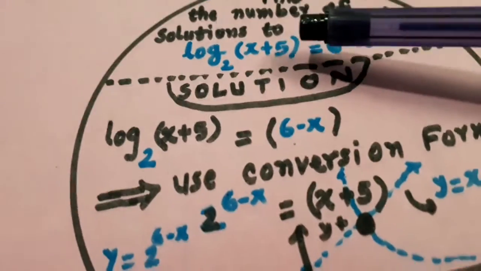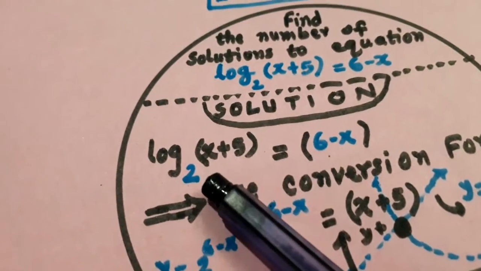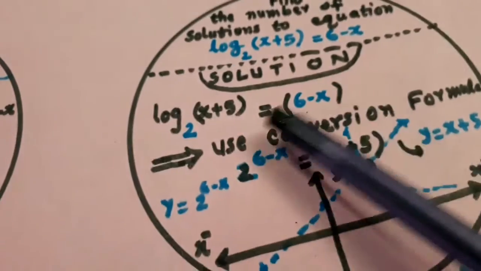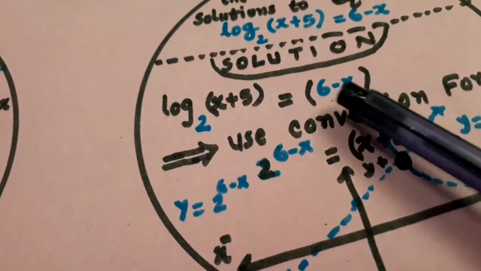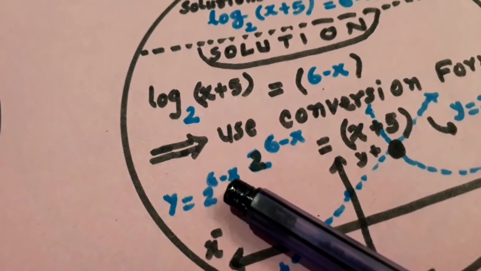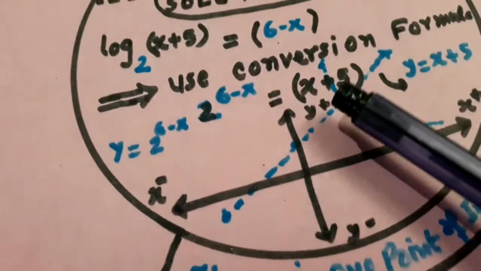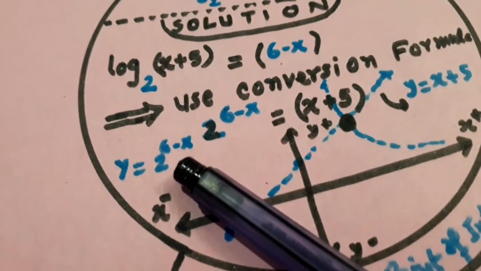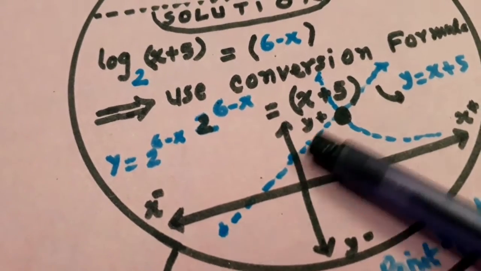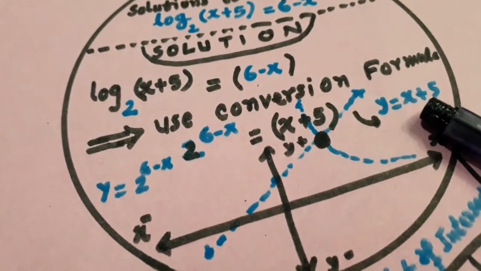There is a conversion formula. It becomes 2 raised to power (6 minus x) is equal to x plus 5. This is the base, this is the power. Base 2 to the power 6 minus x, this became one function. The other is x plus 5, this became the second function. So y equal to x plus 5 and y equal to 2 raised to power 6 minus x. Y equal to x plus 5 is a linear equation, so this becomes a line.